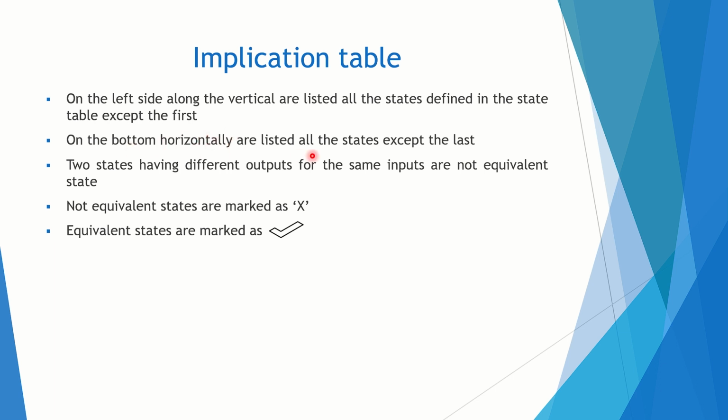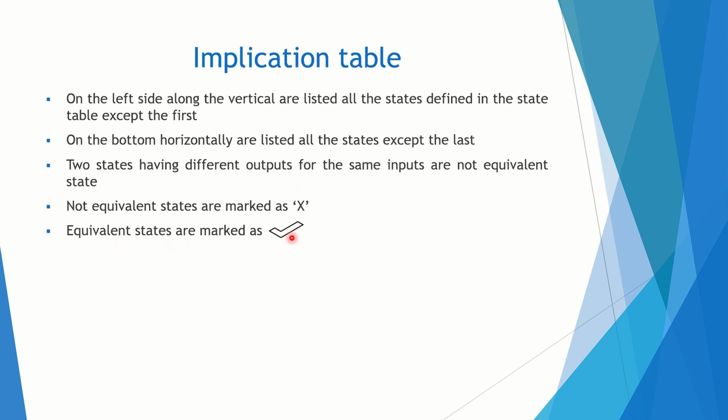On the bottom we list all states except the last, that is A, B, C, D, E, F. Two states having different outputs for the same inputs are not equivalent states, and these are marked as X. Two states having the same output are marked with a tick.